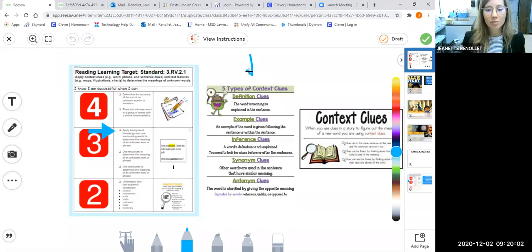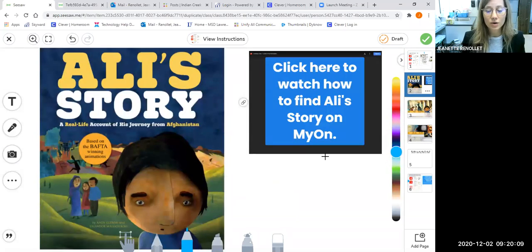Here are examples of types of clues. On slide 2, it shows you the text we're going to read today. Our text is called Ali's Story, and it's on Mayan. Right here is a video that you're going to watch, and it's going to show you how to find this text in our project on Mayan.